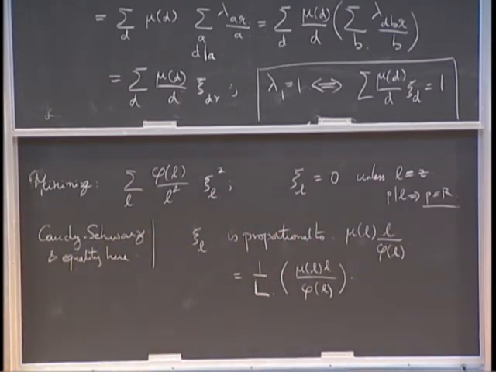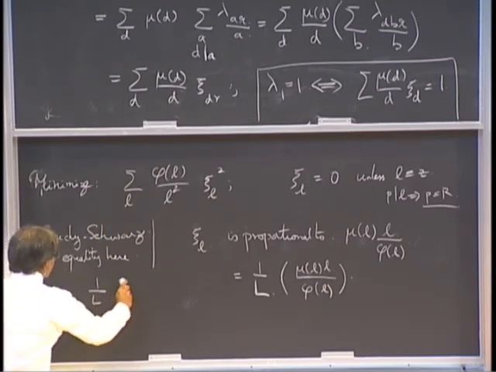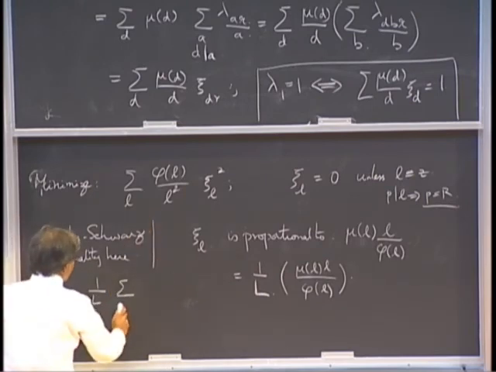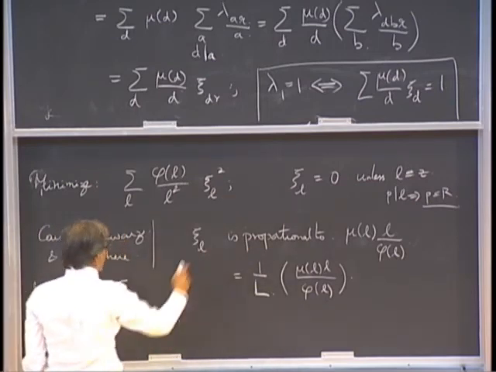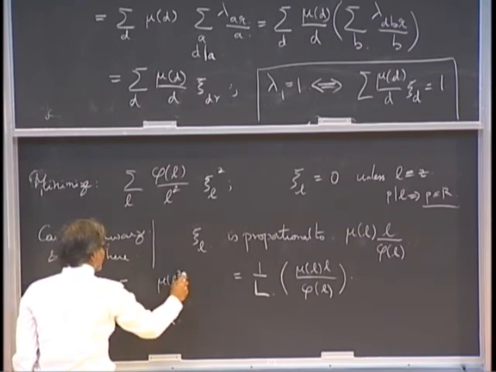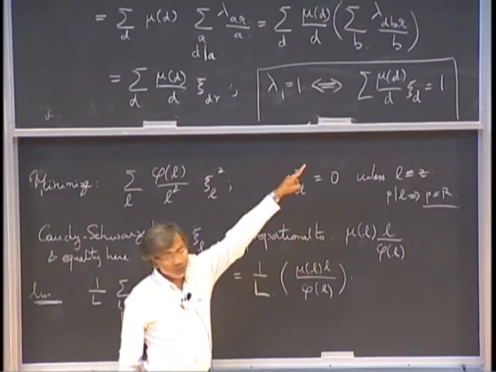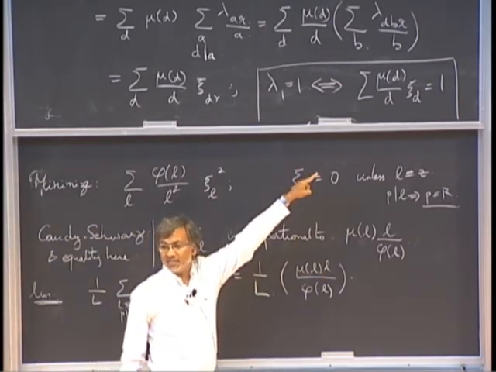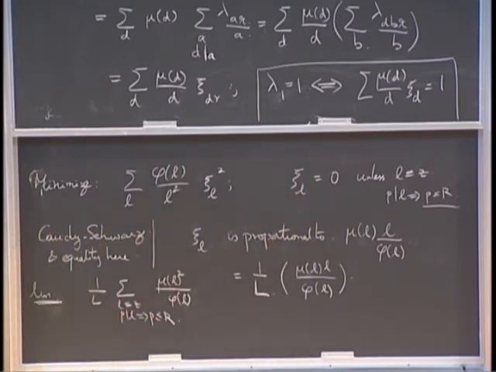Okay. With this notation, the linear constraint is just 1 over L times the sum over L less than Z, P divides L implies P is at most R. Plug this in there, you get mu of L squared divided by phi of L. The L in the numerator here cancels with that D in the denominator there. D is the same as L. So that's the linear constraint.